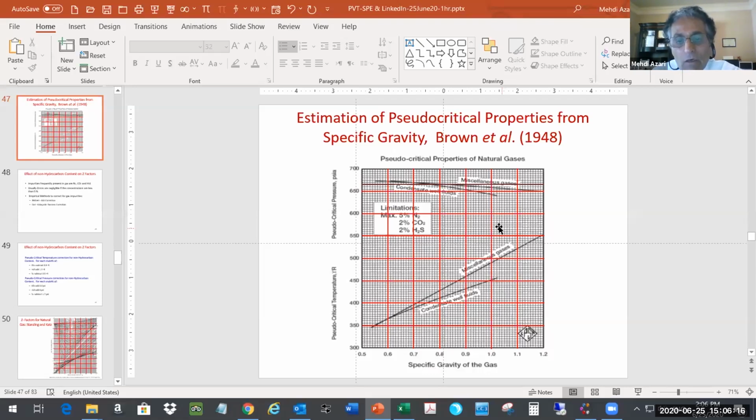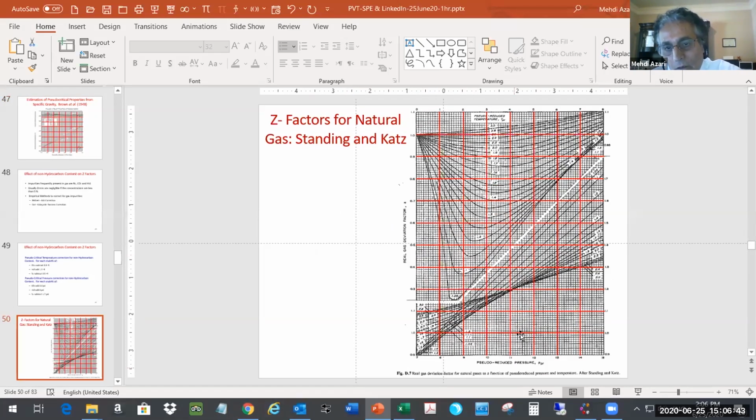And let's say your critical temperature is 500, in degrees Rankine, and your reservoir temperature is 250. Now your reduced temperature is going to be 0.5 and reduced pressure is going to be 2. You go to the Katz chart, use the reduced pressure and temperature, and you get Z. The whole idea is to get the Z factor.